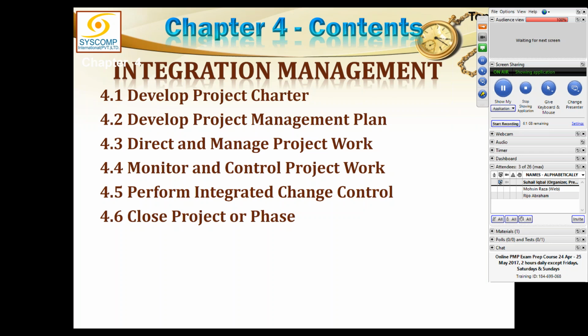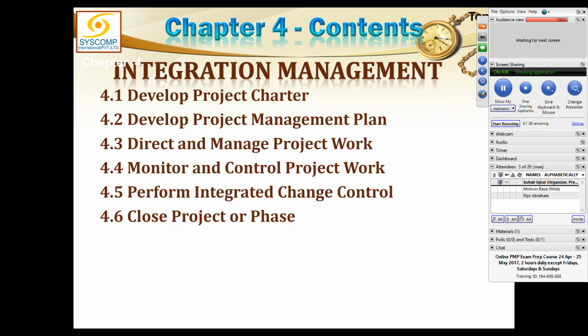Okay, but what are the various inputs coming to it? Naturally, even in initiation, we had enterprise environmental factors, we had organizational process assets. These two things were input into almost every process out of those 47 processes.